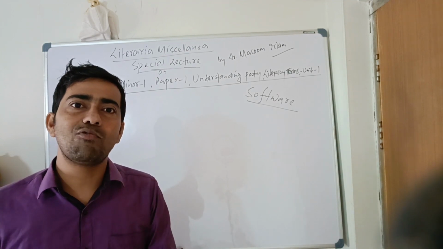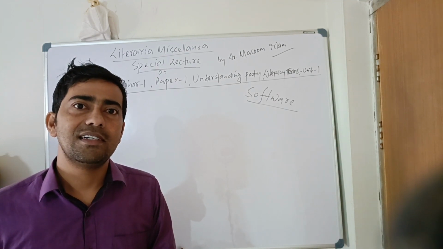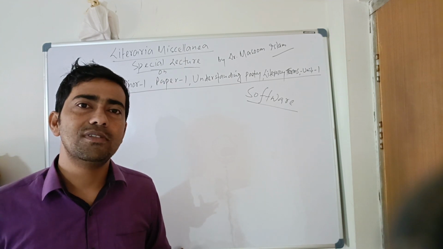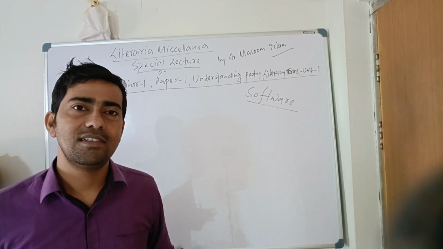BA English Minor 1 syllabus is divided into 3 units.